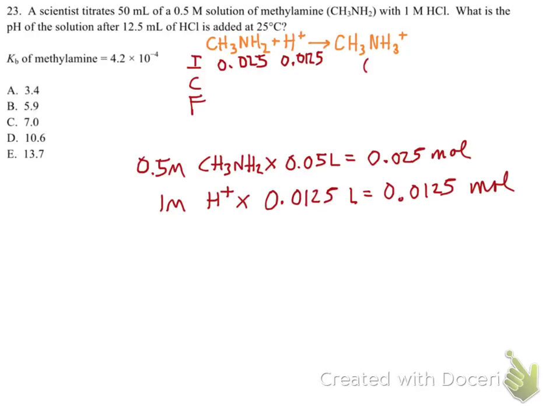On the other side, 0. Identify our limiting reagent. So minus 0.0125, minus 0.0125 and plus 0.0125 to give us 0.0125, 0, and 0.0125 moles once it's all said and done.